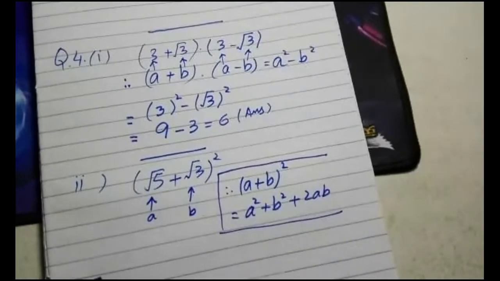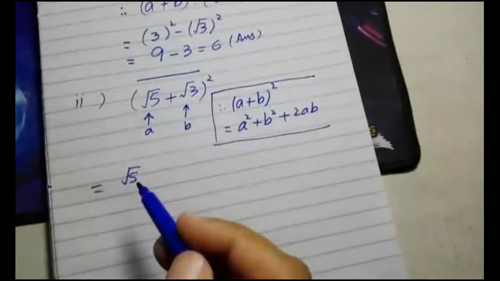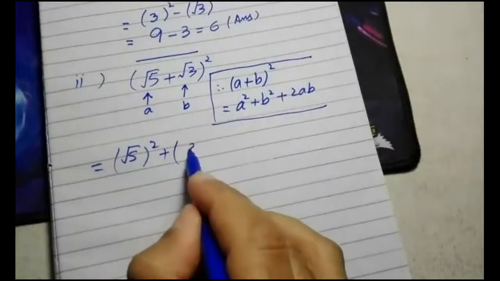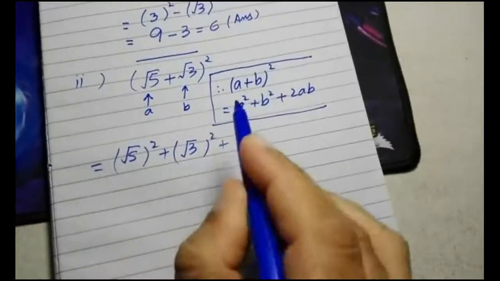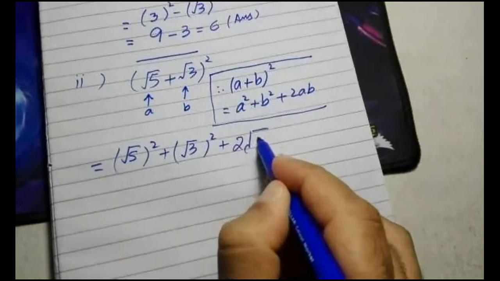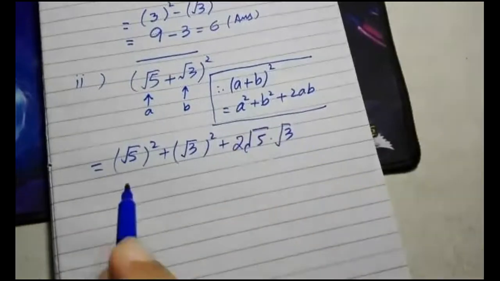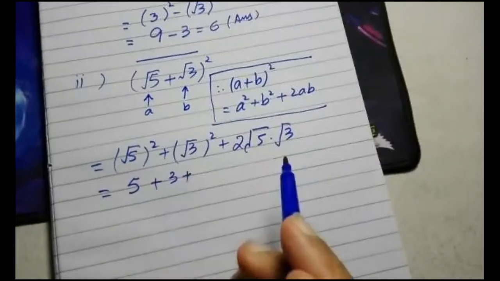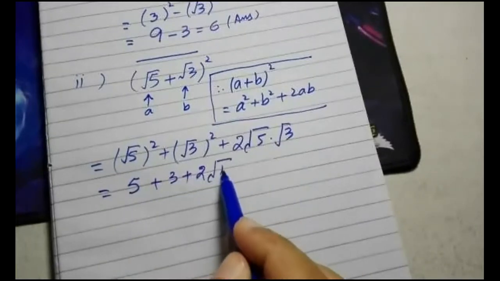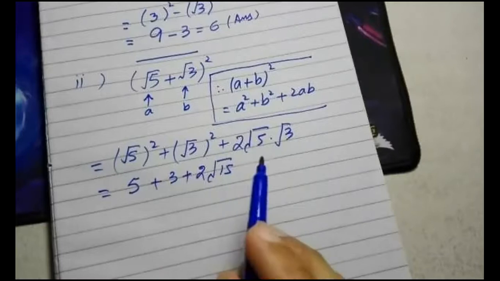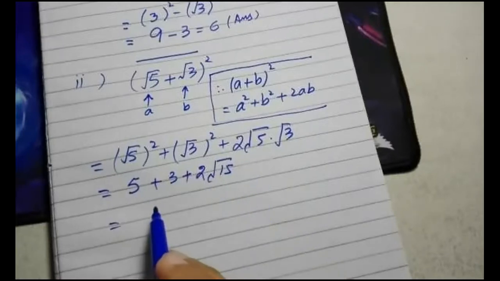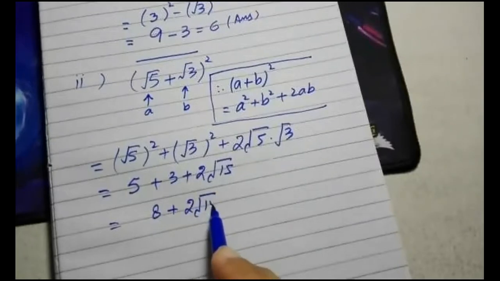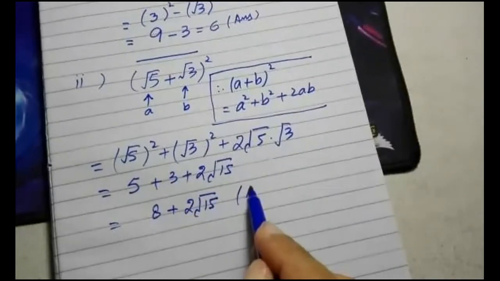First term square, second term square, 2 times first term and second term as well. So 5 plus 3 plus 2 times under root 15. 5 plus 3 is 8 plus 2 times under root 15. So it is the answer of the question.